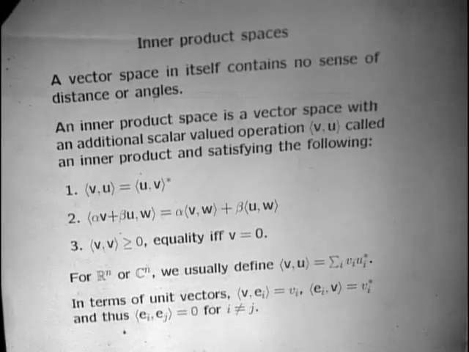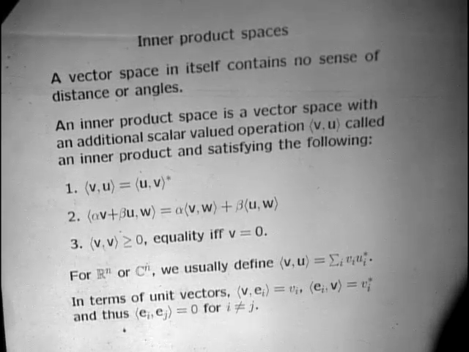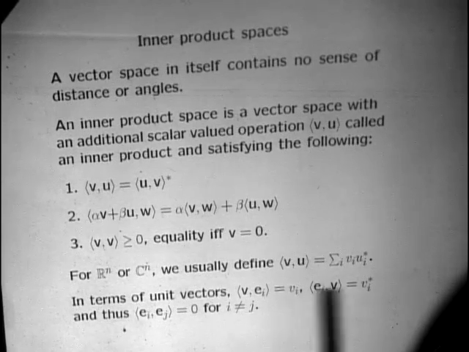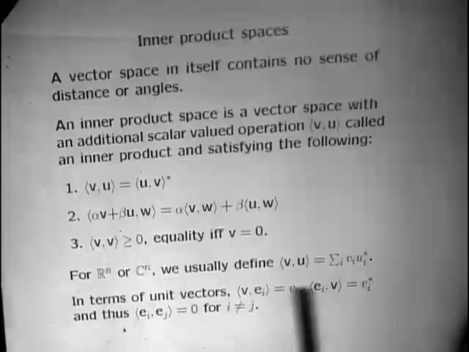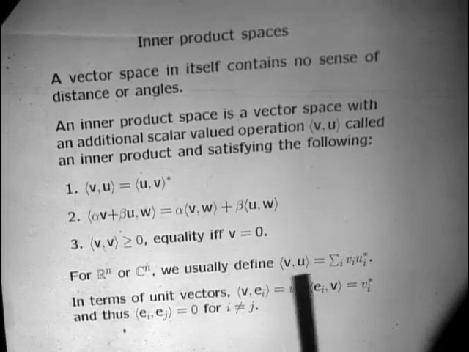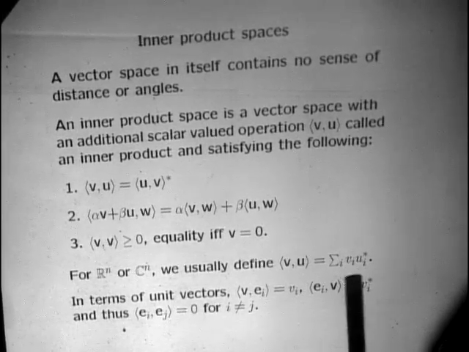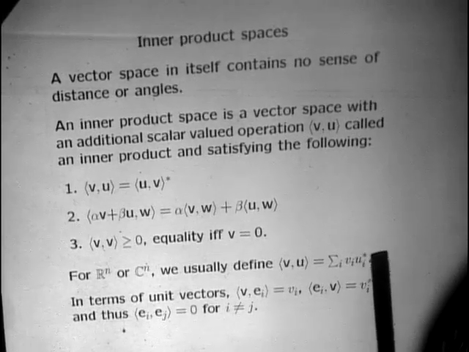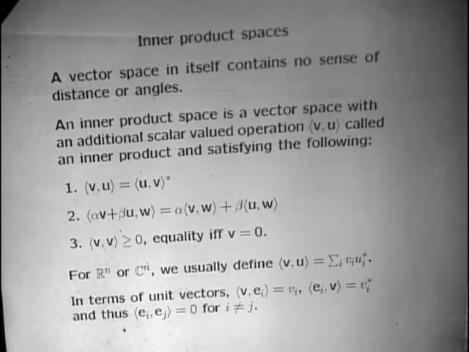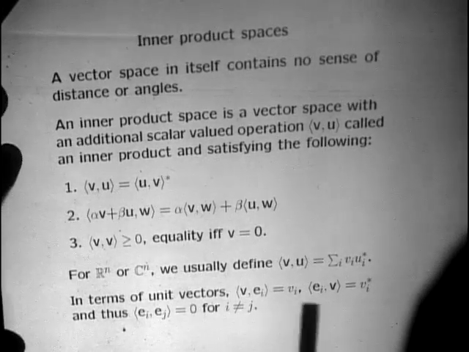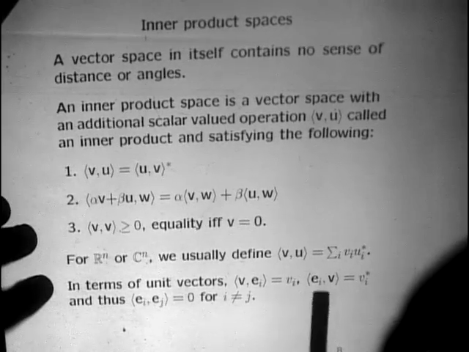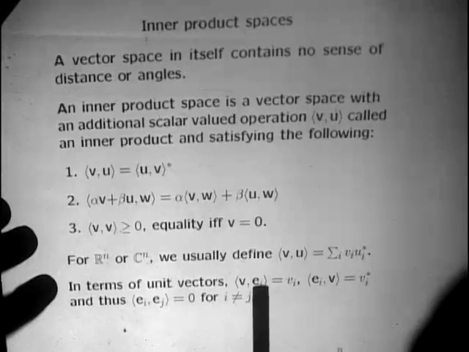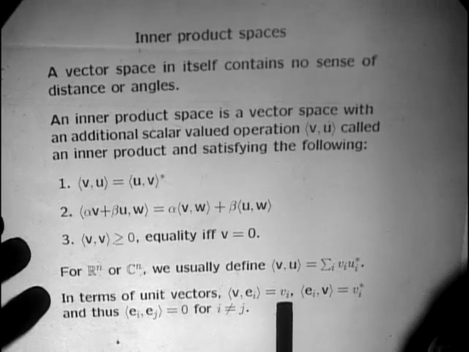Okay, so you have to remember this. If you're dealing with Rn or Cn, almost always you define the inner product of V and U as the sum of the components with the second component complex conjugated. This is just a standard thing that we do all the time. When we do this and we use unit vectors, the inner product of V with the ith unit vector is just V sub i.